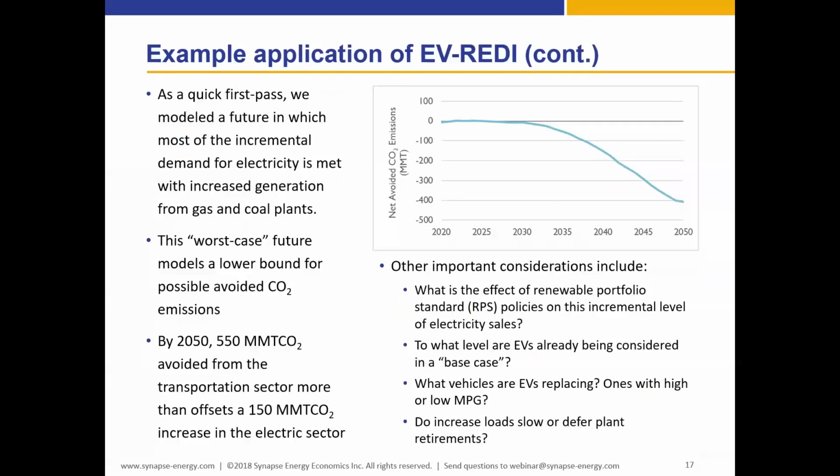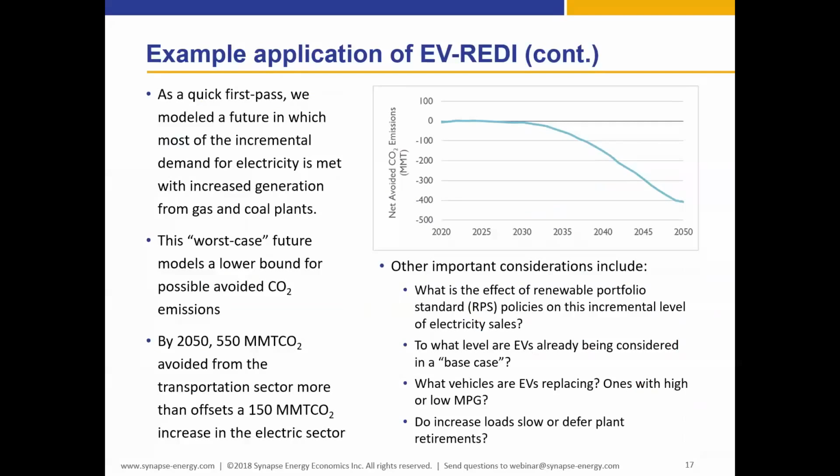What we found is that there is an increase in total CO2 emissions from electric vehicles contributing to consumption on the grid, but the decrease in transportation sector emissions more than offsets this, to the tune of about 400 million metric tons by 2050. But I want to caveat it again. This is just one potential scenario.